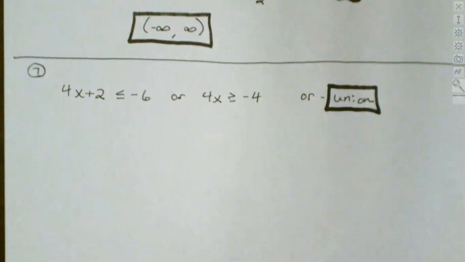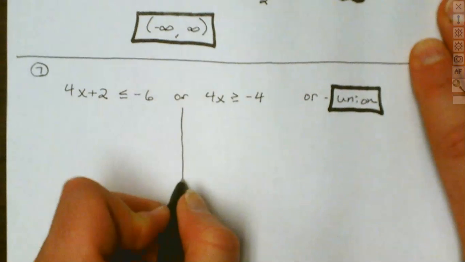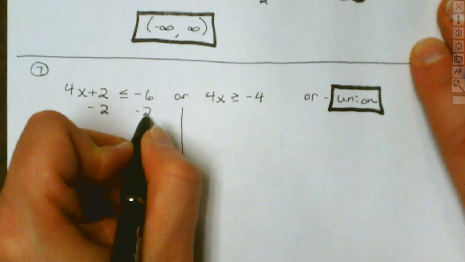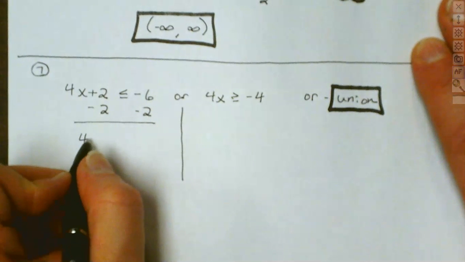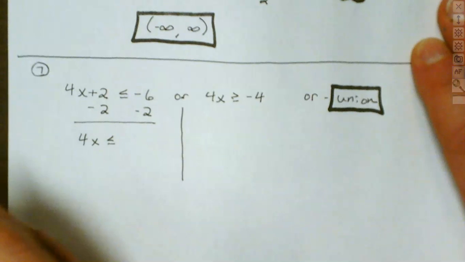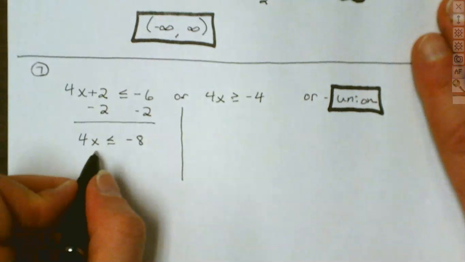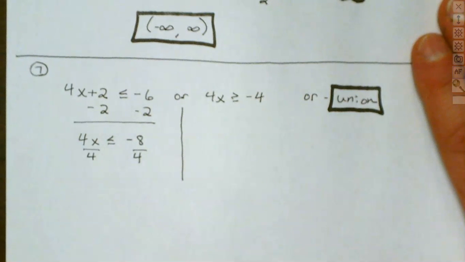Now what do we do? Well, we split them and we solve them independently. We're going to move that 2 over with subtraction, and then we've got 4x is less than or equal to a negative 8. We're going to divide by our 4. Are we going to switch our inequality symbol?